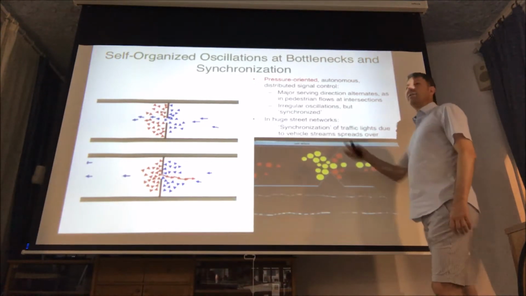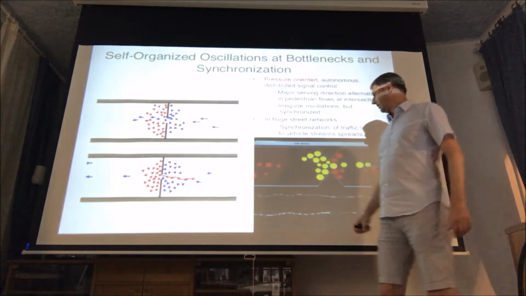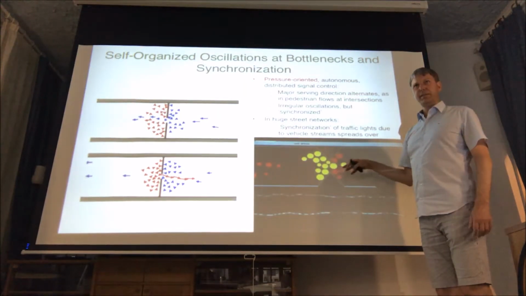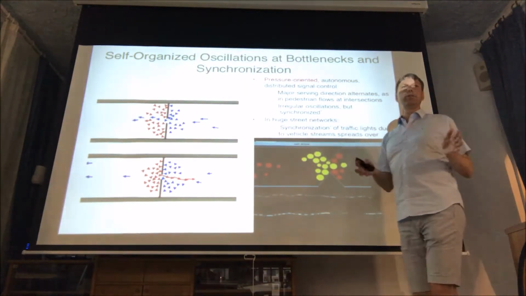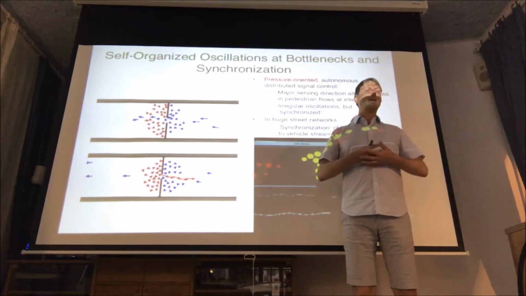So we say, forget about all this, let's redo traffic control and be inspired by the self-organization of pedestrian flows at bottlenecks, because intersections are also bottlenecks, just for more flow directions.